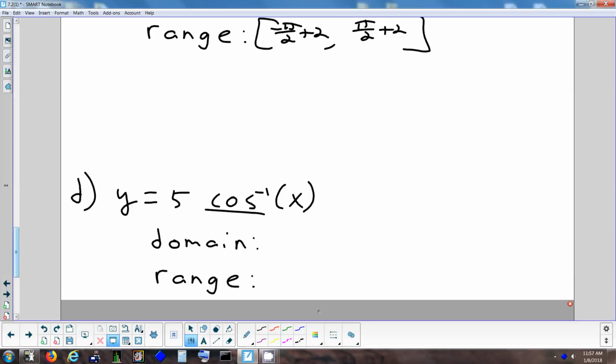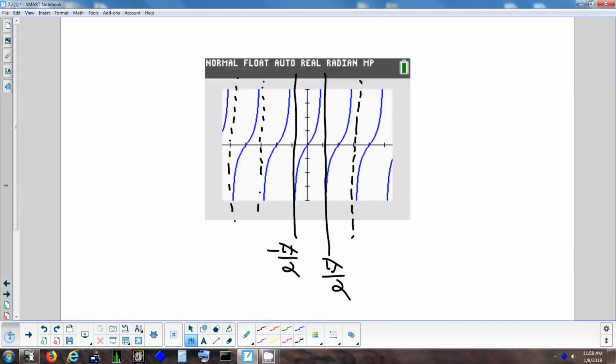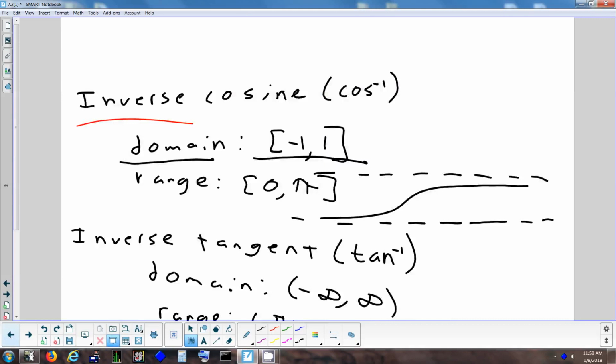Just make sure you look up the right function for inverse cosine. Inverse cosine, domain, -1 to 1. Okay, so -1 to 1.